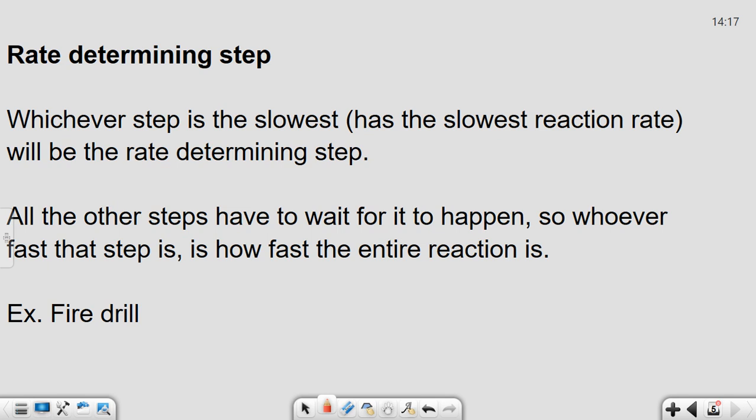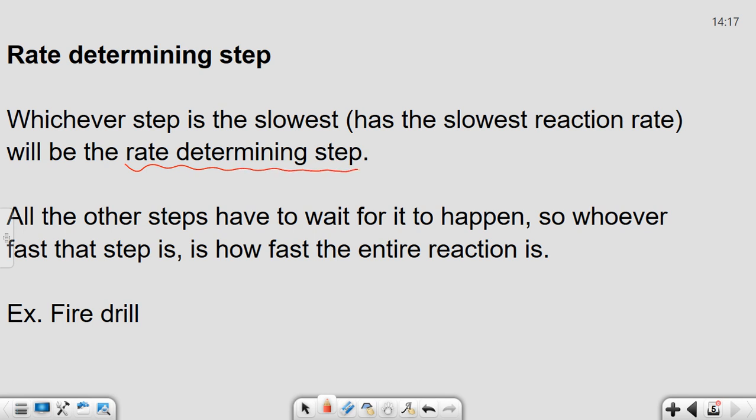Last thing we're going to chat about today is the rate determining step. So reactions have speeds, right? They go at a certain pace, and there's all kinds of different things that determine that pace, you know, concentration or temperature, catalysts, stuff like that. Whichever step, whichever elementary process is the slowest, so whichever individual step has the slowest reaction rate, will be what we call the rate determining step.